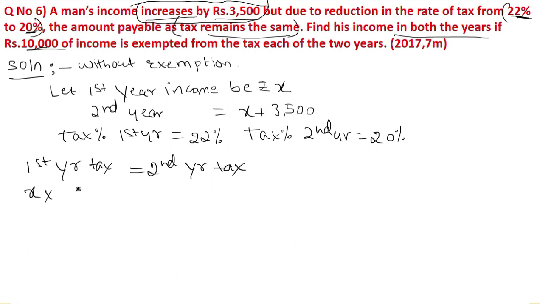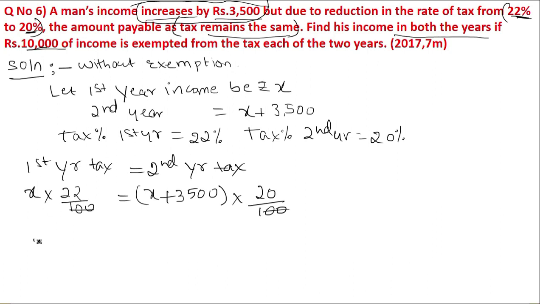How much is the first year tax rate? 22%. So 22 upon 100 is equal to, how will you calculate the second year tax? Multiply the income, X plus 3,500, into the tax rate, 20%. 20 upon 100. 100 cancels.